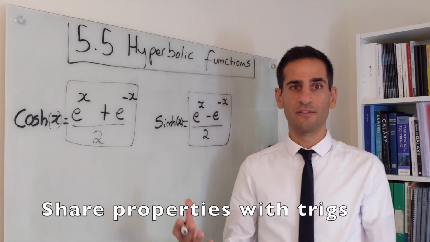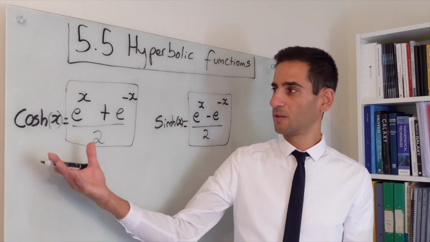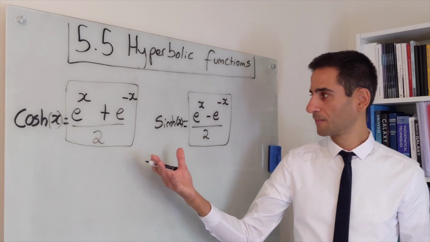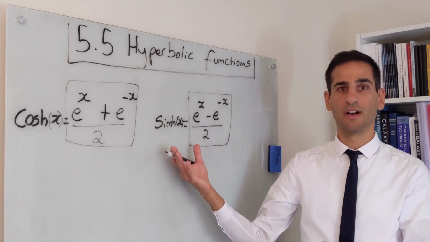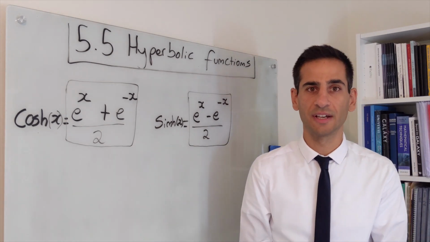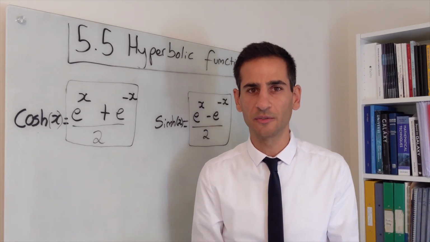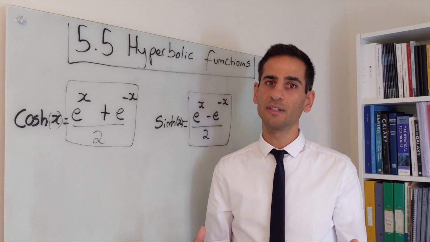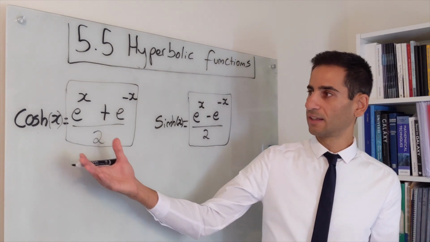And this is a very nice reason for why we call them cosh and sinh, or hyperbolic cosines and sines.